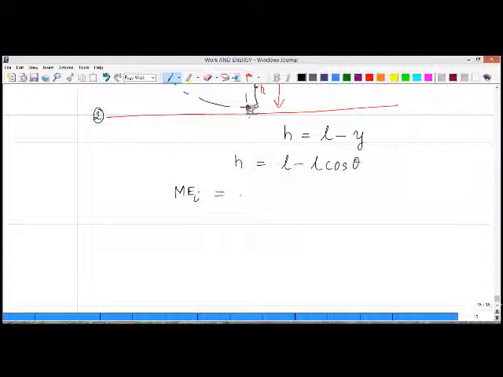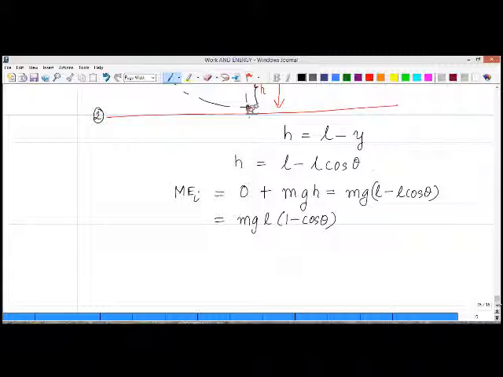In the beginning, we have no kinetic energy, and we have potential energy, which is equal to m times g times this h, which happens to be mg times L minus L cosine theta. Now here I can factor out the L, and rewrite this as mgL times 1 minus cosine theta.